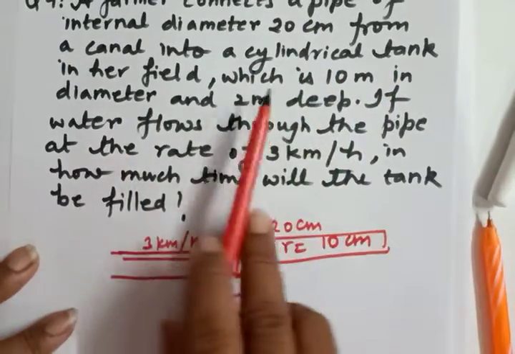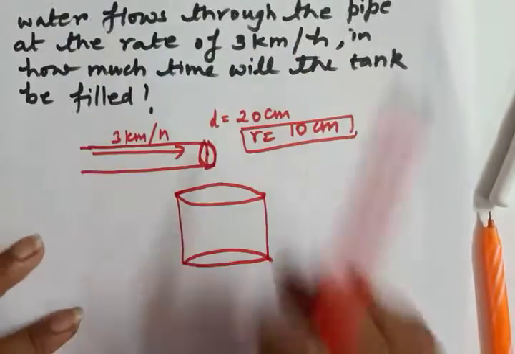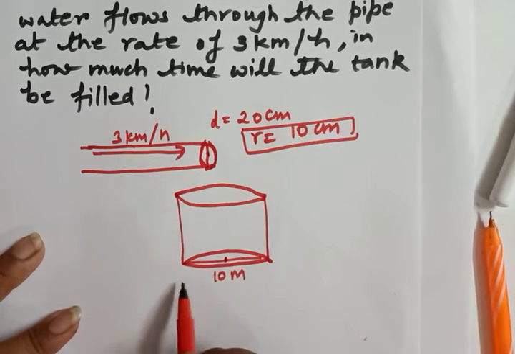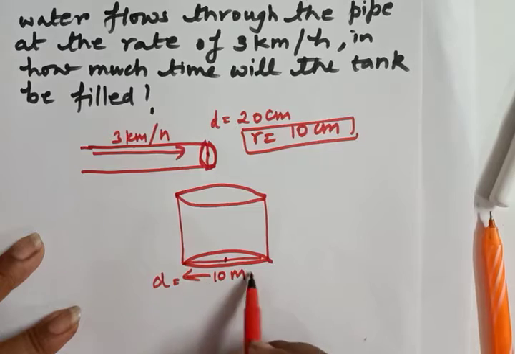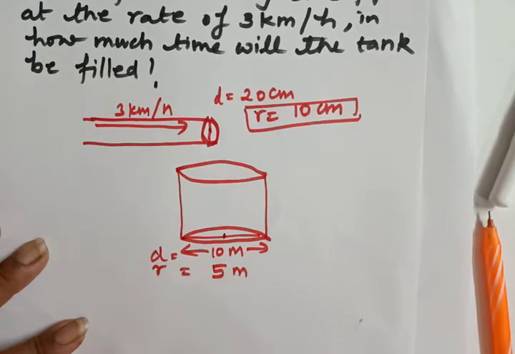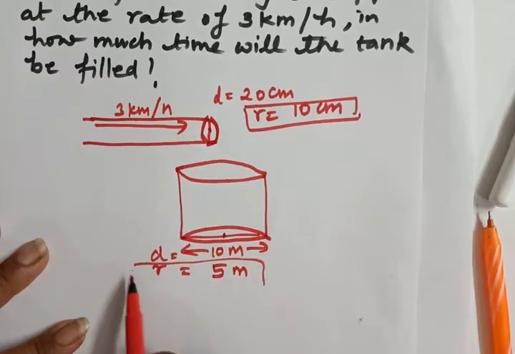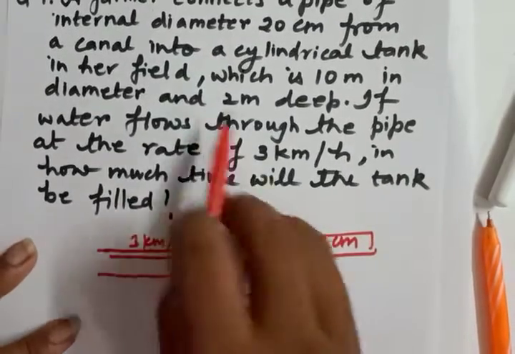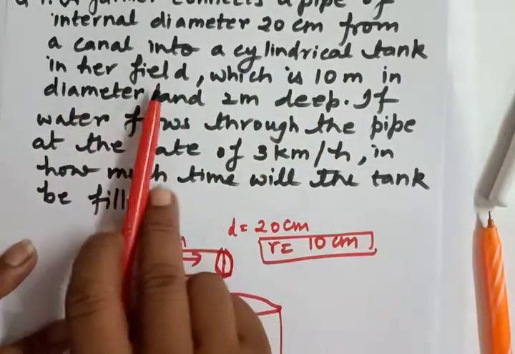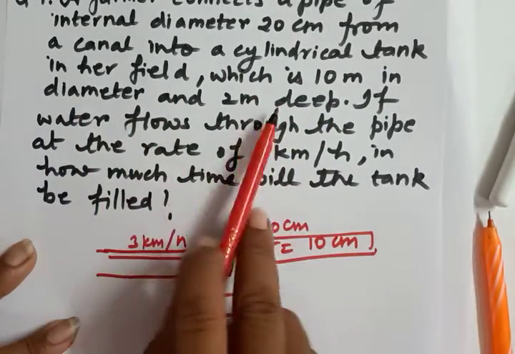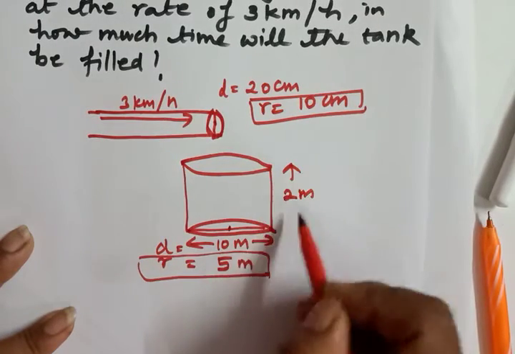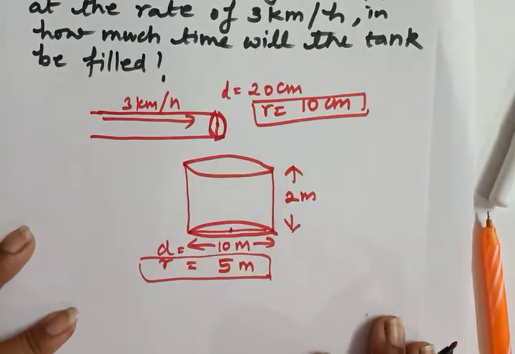The cylindrical tank in a field is 10 meter in diameter, so R will be equal to 5 meter. Quite clear? It is 2 meter deep, so the height of the tank is 2 meter.